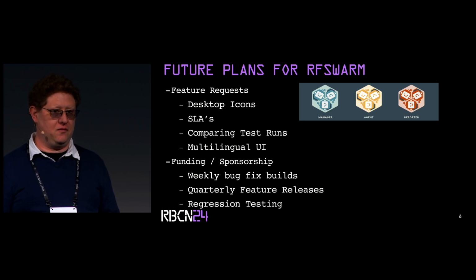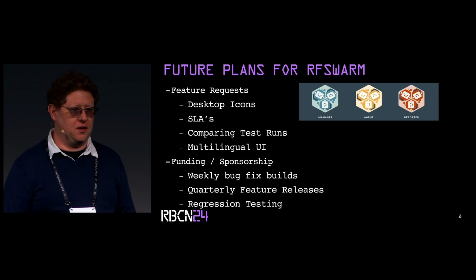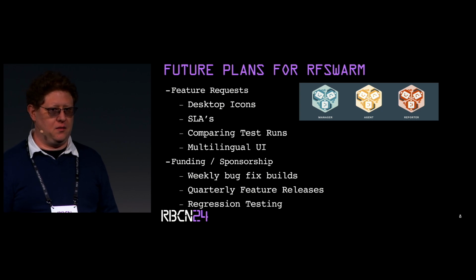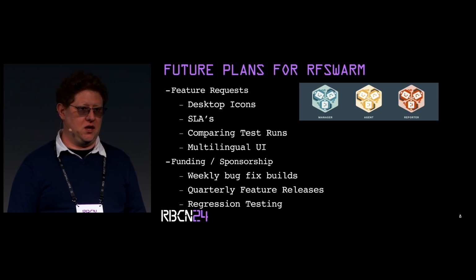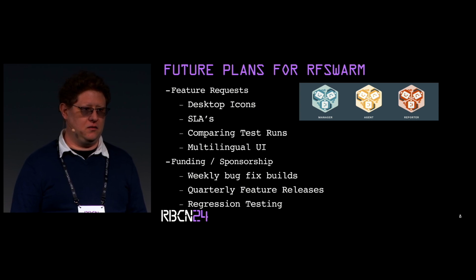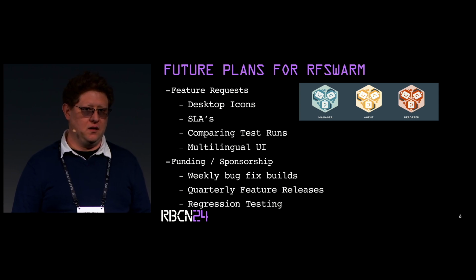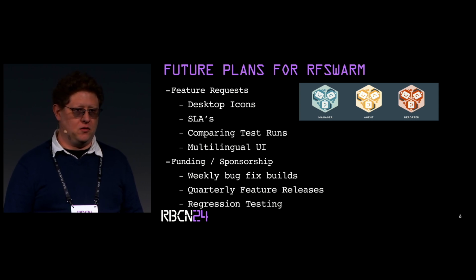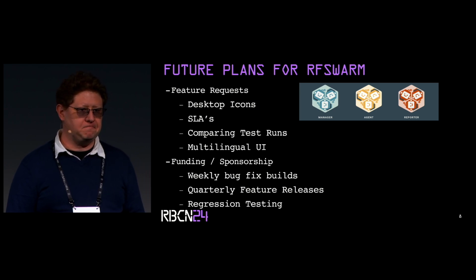As I mentioned, I have some test cases in place. I actually have set up GitHub Actions so that whenever I do check-ins of new code to RFSwarm, I run tests in Windows, Linux, and Mac OS, and I test on all Python versions from 3.7 up to the current version.